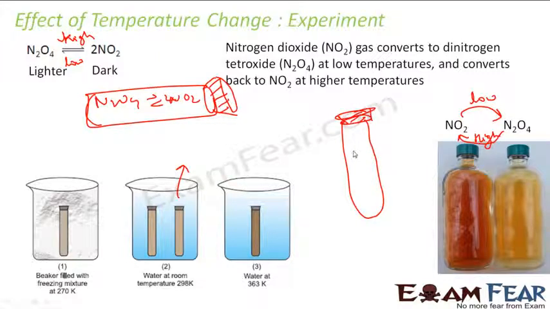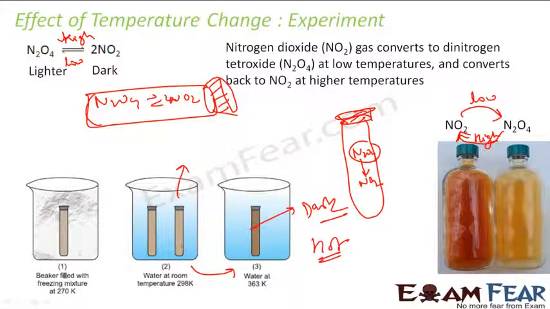Now they are at room temperature, so they have a color something like this. The moment I take this to hot water, at high temperature it moves towards the NO2 side. So N2O4 converts into NO2, and NO2 is dark in color. So you see, it becomes darker.